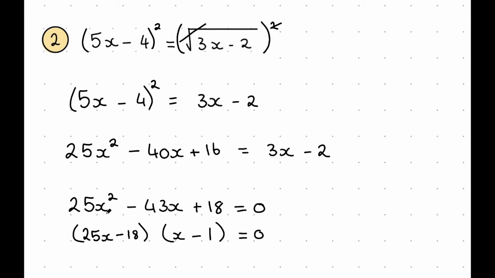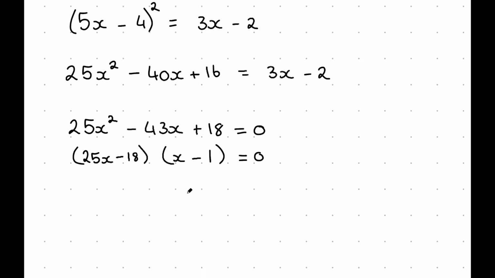And my way of checking to see if I'm on the right track with these factors is to do out by out. So 25x by minus 1 is minus 25x, minus 18 by x is minus 18x. Add those two together and we do get minus 43x, so we're on the right track.